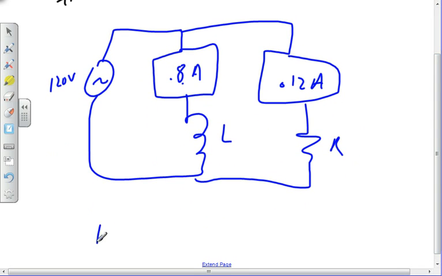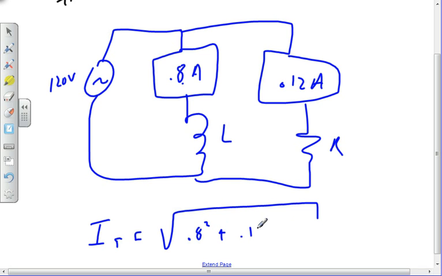So total current is the square root of 0.8 squared plus 1.2 squared equals.